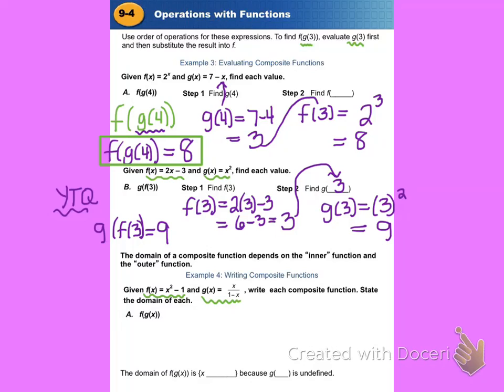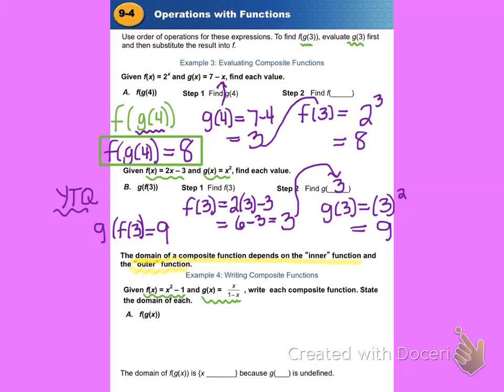Well, one thing to note real quick before we do this: when we talk about domain, remember that means inputs. The domain of a composite function depends on the inner function and the outer function as well, or the final function that we get.